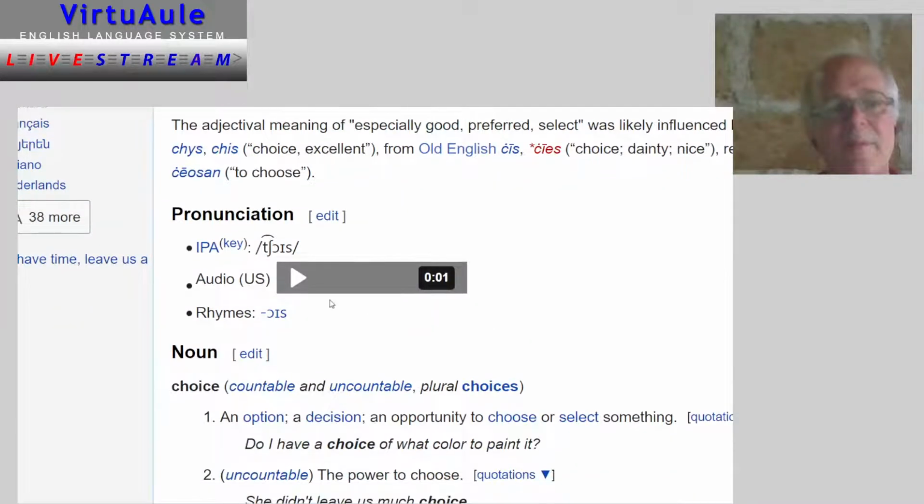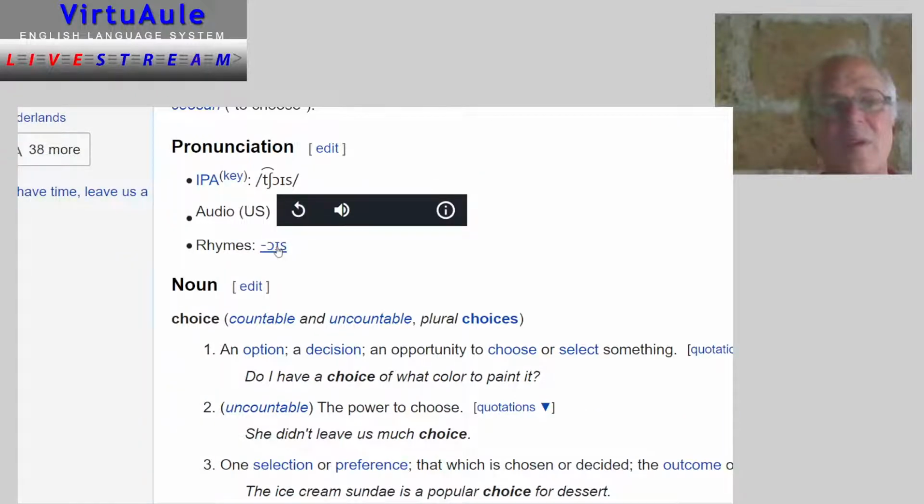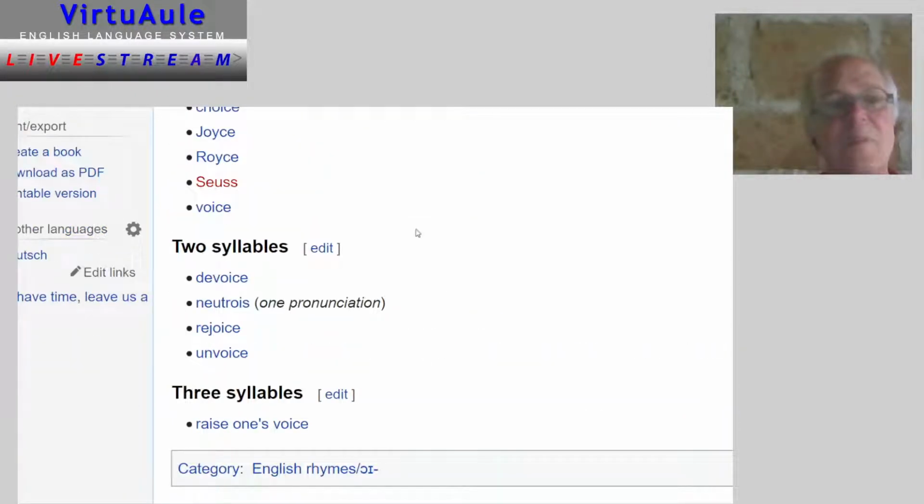We have the pronunciation choice, choice, very fast. This is American English, and the diphthong oi, choice, with the s at the end. And you can see some words that rhyme with this. Not very many.